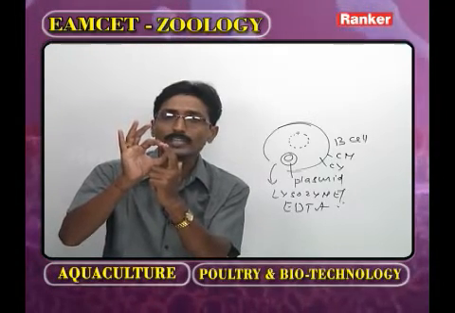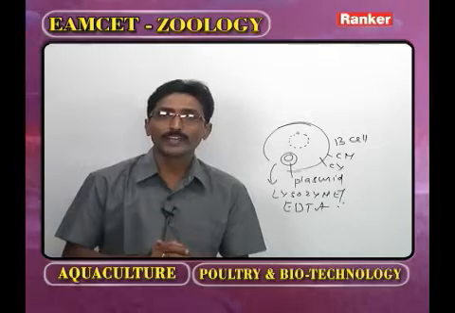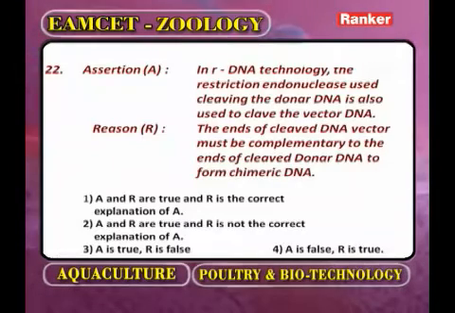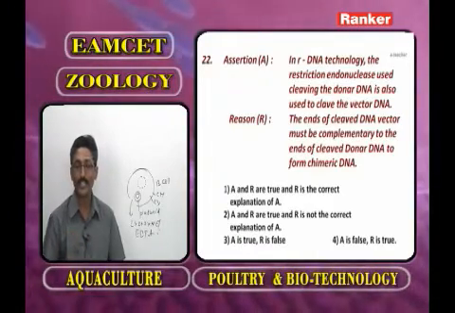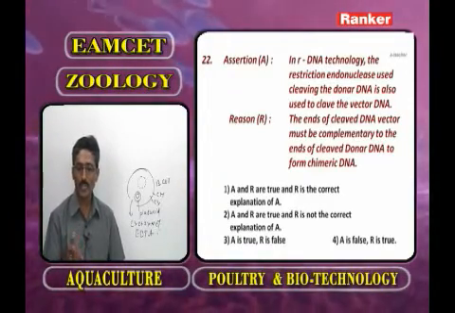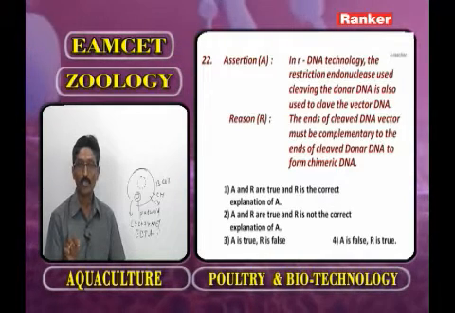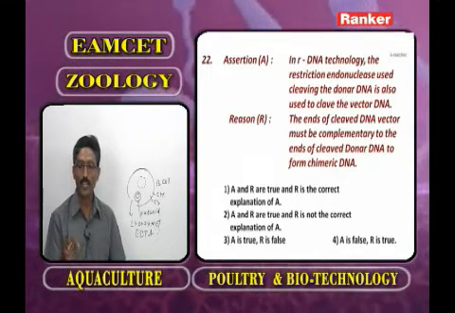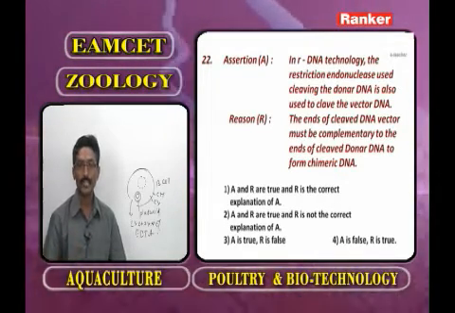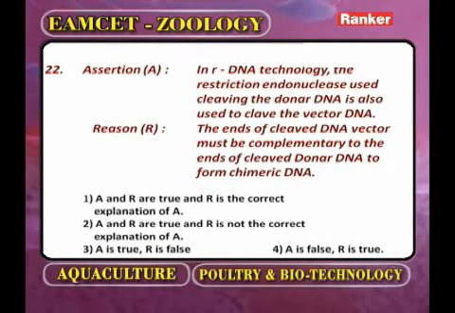This is the donor DNA, and from it a small fragment is removed. This is the vector, and from it a small fragment is removed. The donor fragment is attached to the vector, and it is complementary to the vector. Now both are united, and we get the rDNA. So the restriction endonuclease used for cleaving the donor DNA is also used to cleave the vector DNA. You have to check the word. The statement is correct.